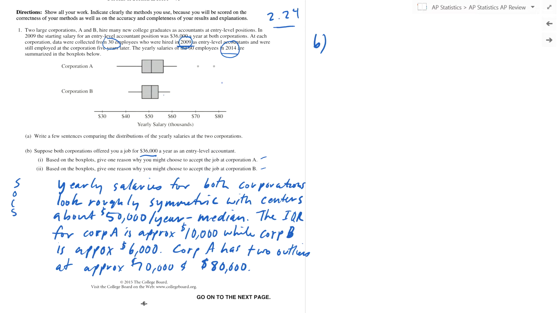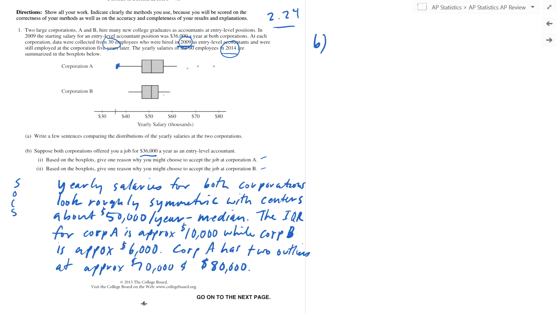Well, I would choose corporation A. Starting at 36, first of all, it looks like some people didn't even get a raise after 5 years. Whoops, had to pause, so it's going to be a little bit jumpy there. If you start at 36,000 a year at Corporation A, you have a chance of not getting a raise after 5 years.